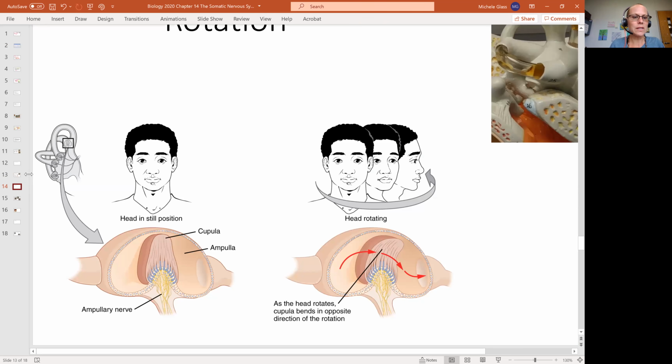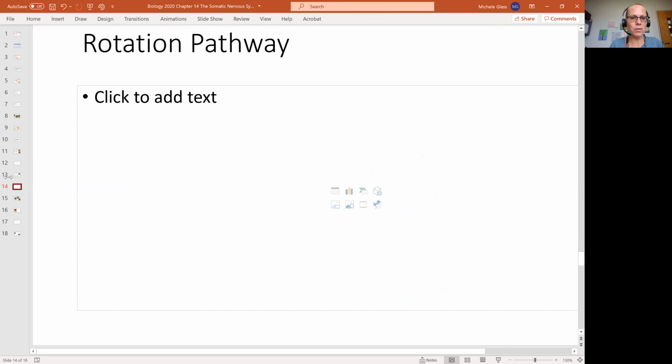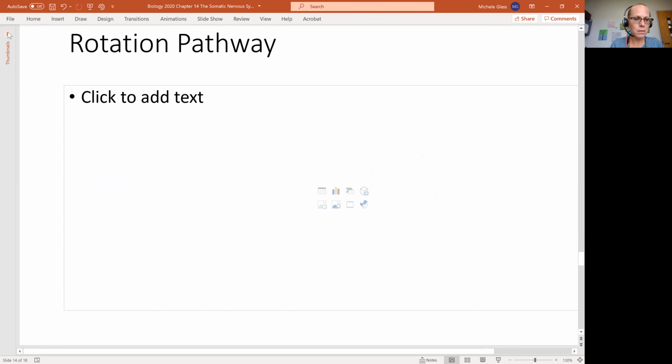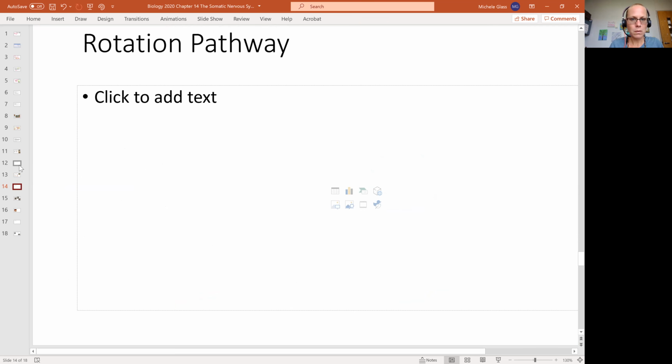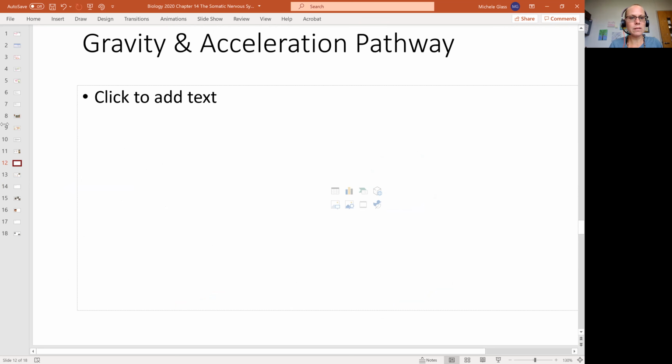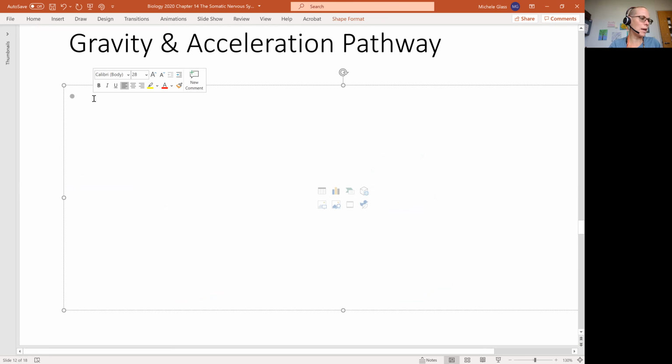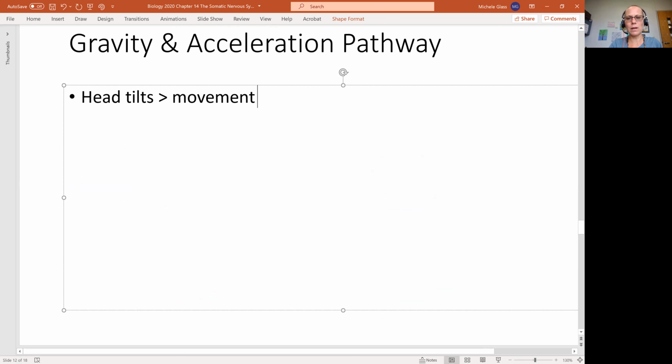To finish up our discussion here, we do want to go through our pathway. So when we're looking at our gravity and acceleration pathway, basically we can say that the head tilts, and when the head tilts, then we're going to have movement in the endolymph, and gravity will pull on the otolith.